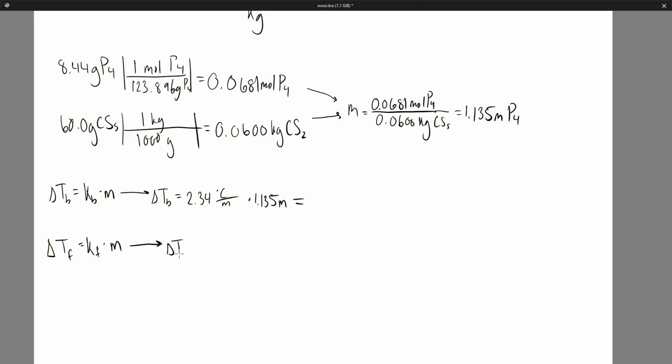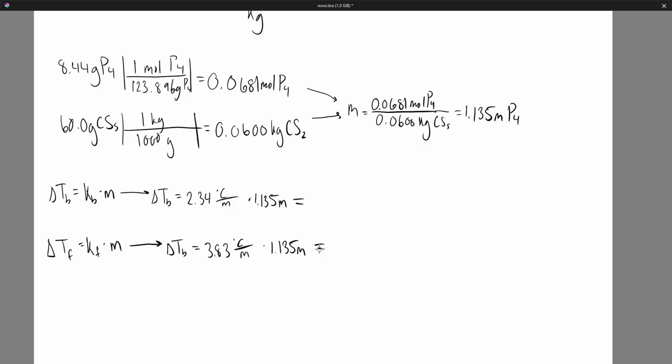So 3.83 degrees Celsius over molality times our molality, which is 1.135 mole.